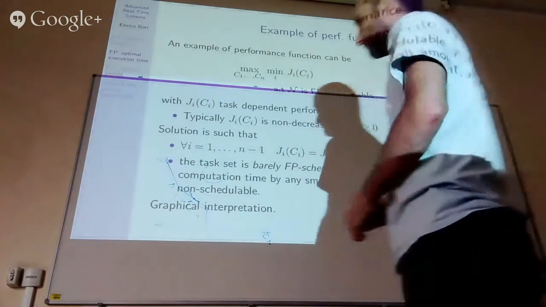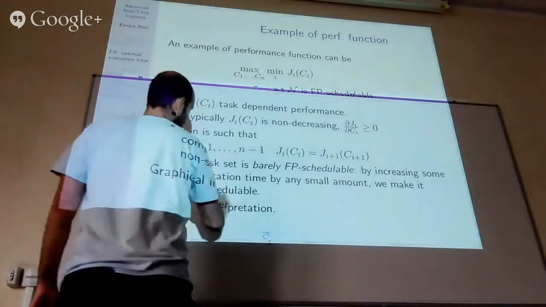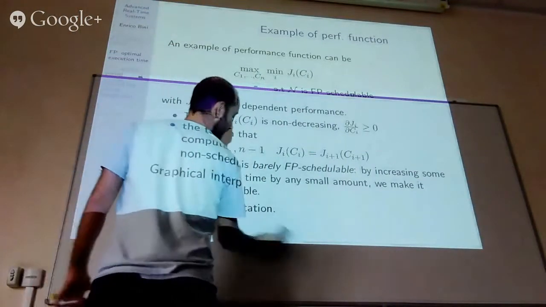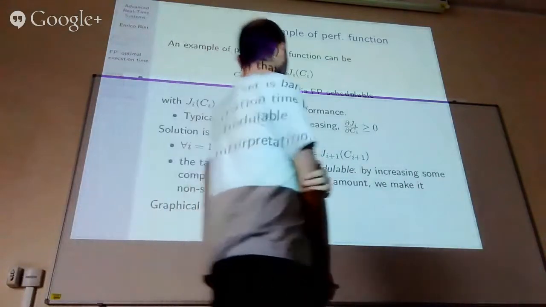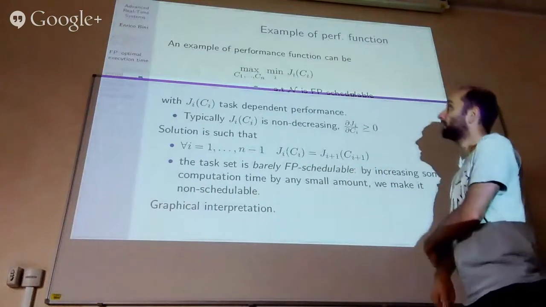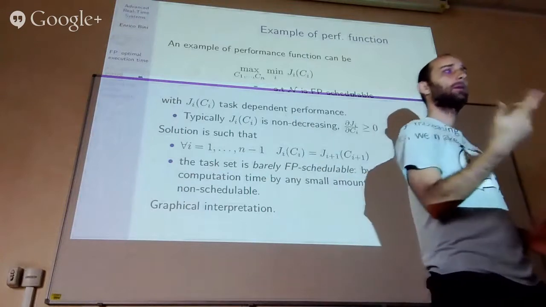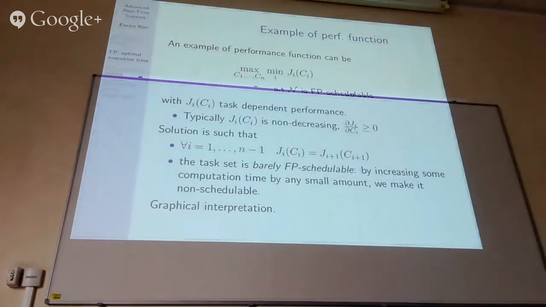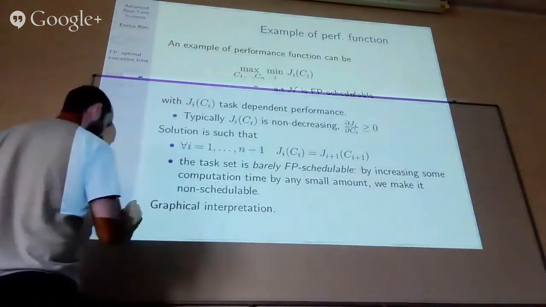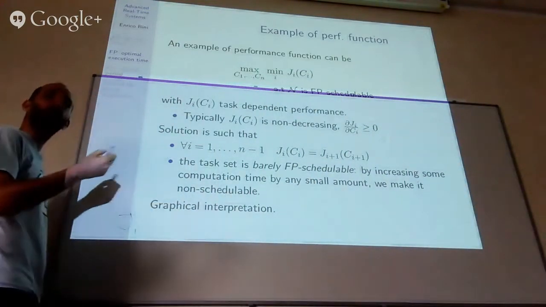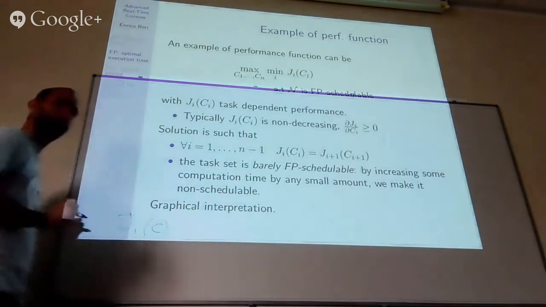Right. So typically, one notable case is when you have performance functions that are dependent on the task only. So basically, you have a performance function per task. So in this case, you have just a function Ji, a task-dependent performance function, which is a function of the computation time, right?